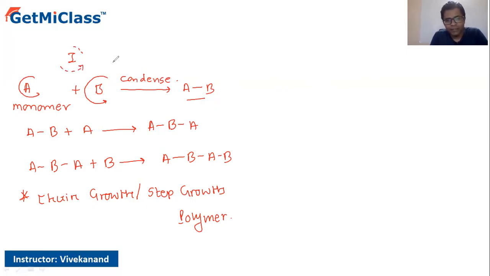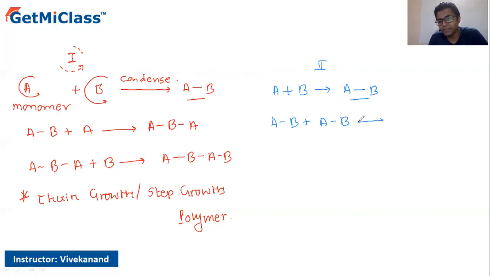Now, let us consider alternatively how we can explain this mechanism. Let's say we have a monomer A which reacts with monomer B. When it condenses, we get a dimer, AB. This dimer AB further reacts with another dimer, AB, to give us AB, AB, and it goes on continuing.